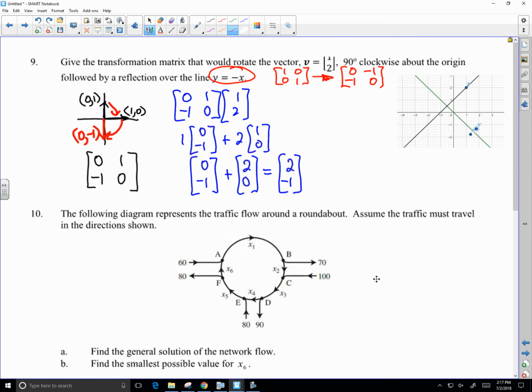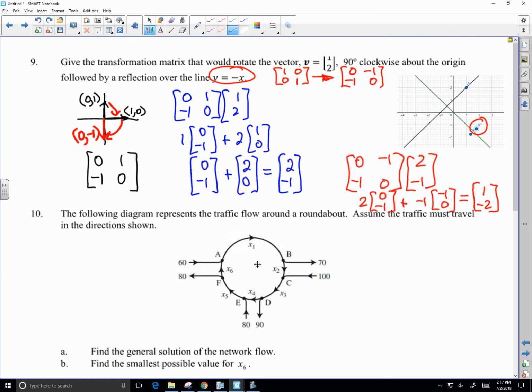Just now, I'm still not in love with this. I don't see how that's going to end up being a decimal. So we would be doing 0, -1, -1, 0, multiplied by 2, -1. So 1, -2.